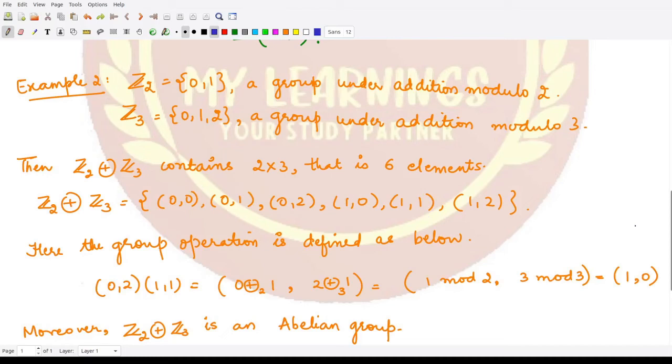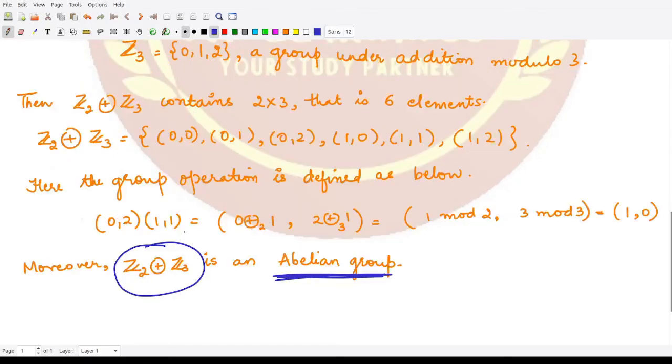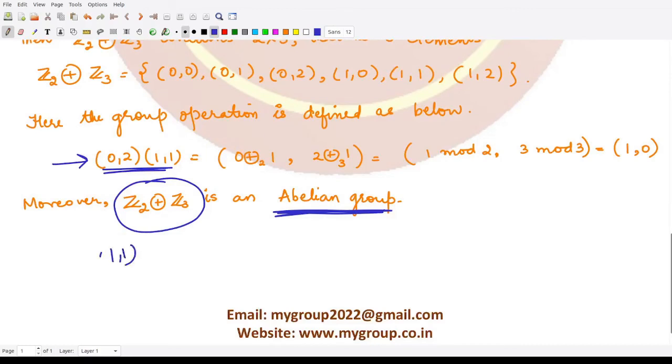Moreover, you can check that this external direct product of Z2 with Z3 forms an abelian group. That means every pair of elements commutes. You may check this result yourself. Let me show you one example. We have solved (0, 2) with (1, 1). Now let's solve (1, 1) with (0, 2). It would be 1 addition modulo 2 with 0 for the first element, and 1 addition modulo 3 with 2 for the second element.